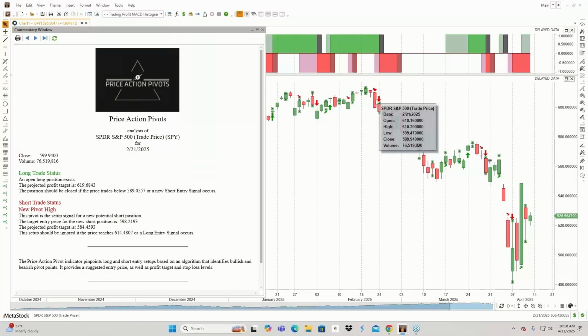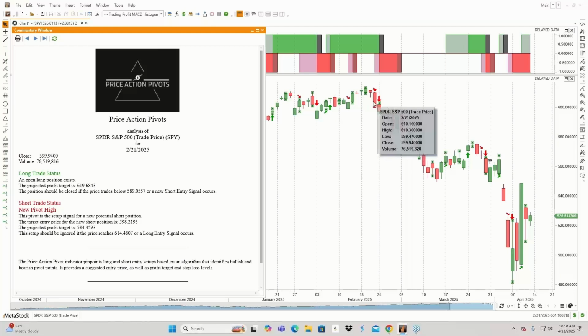So if we go back to February 21st, when we had this bearish pivot, you're going to find the instructions. Where it says, let me get my drawer back, right? So this is a new pivot high. So there's a pivot setup for a new potential short position.